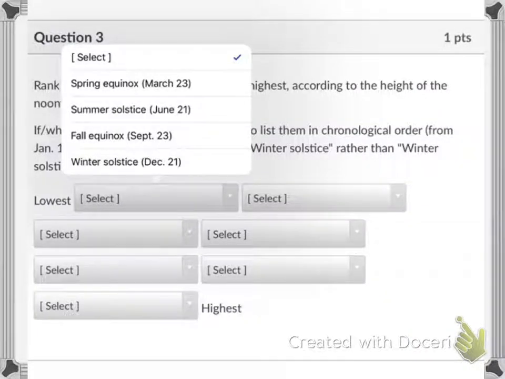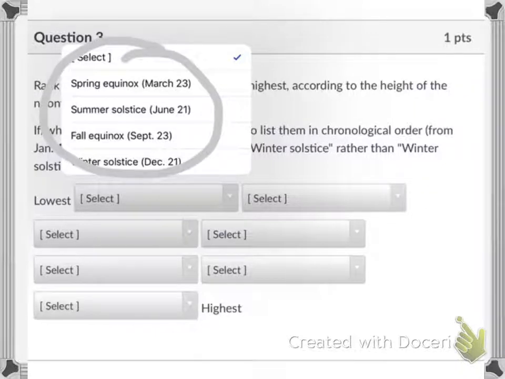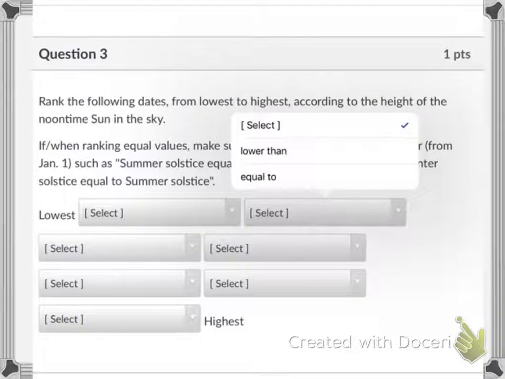And notice in question number 3, not only do you have to select the date from one drop-down box, but then the next drop-down box asks you for a comparison. Either you're going to choose that the height of the sun is lower than, or that it's equal to, the next date that you've chosen.